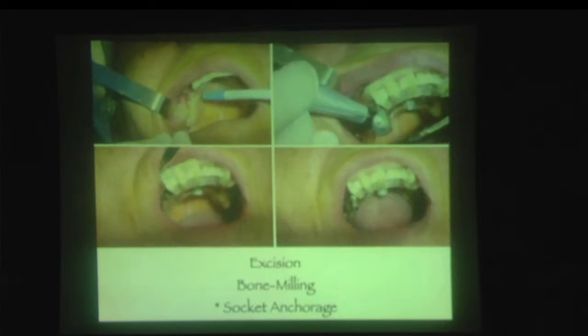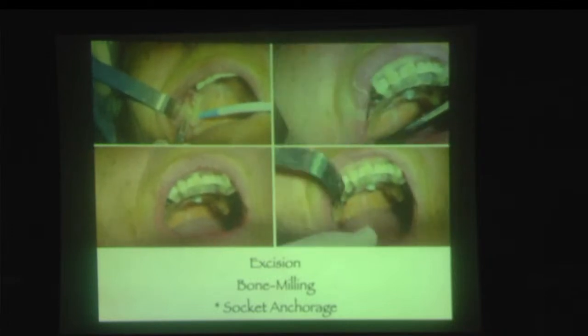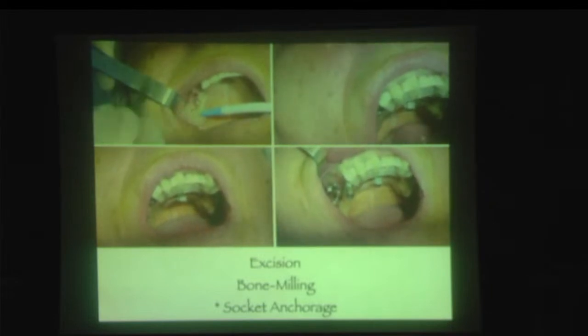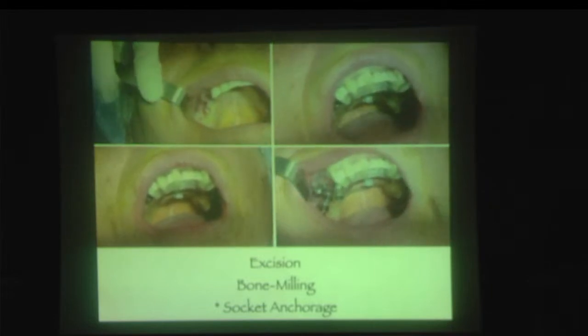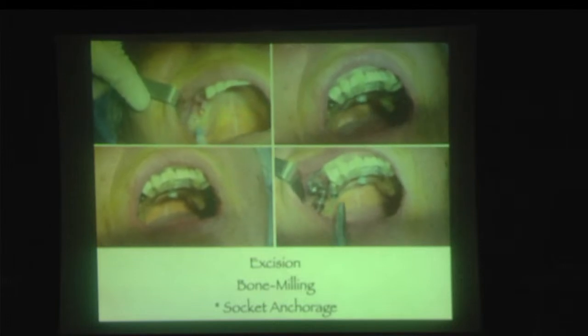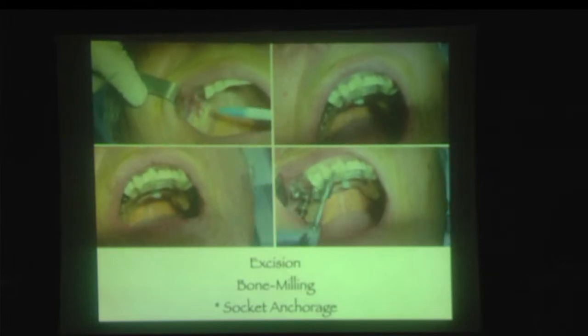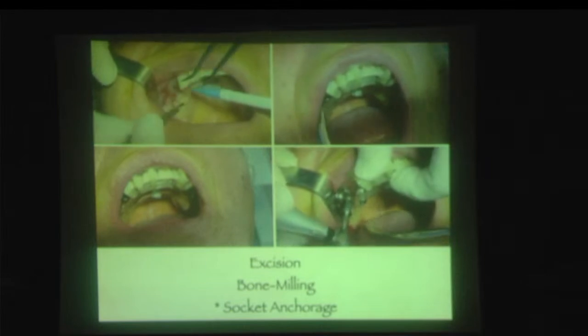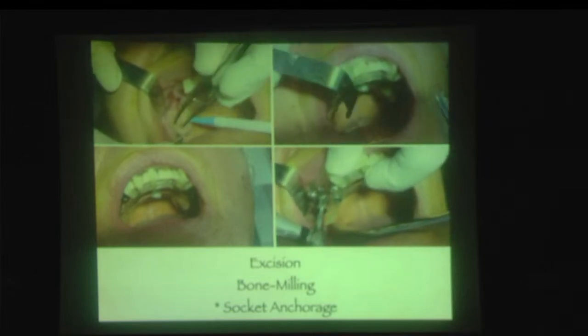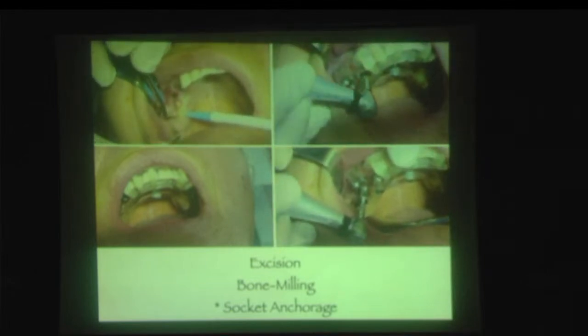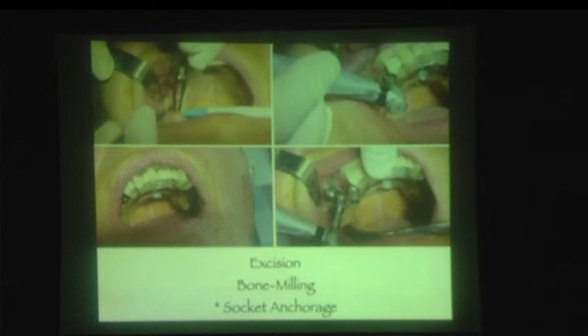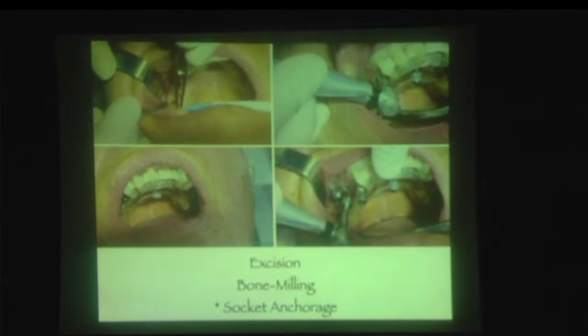When I want to place an implant, I think of an axis that we call fulcrum for the prosthetics. And I never quit the stability for the guide. And I place the first drill, and after the first drill, I can use the socket anchorage.